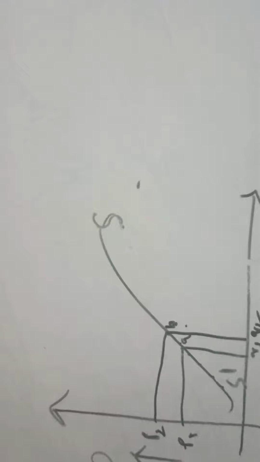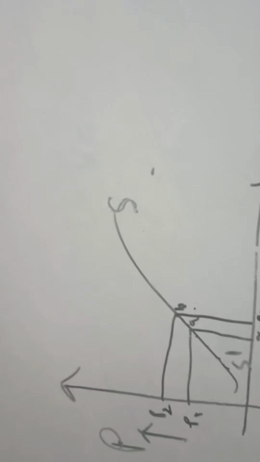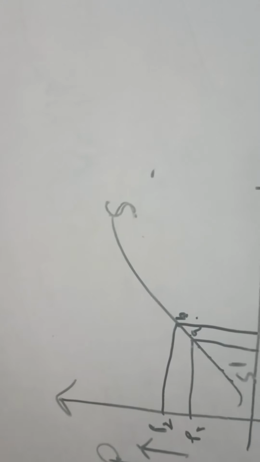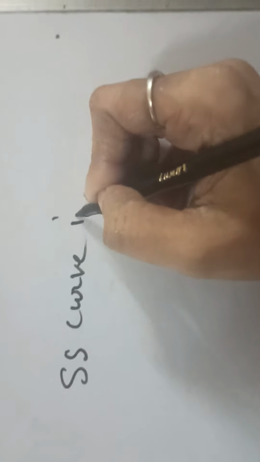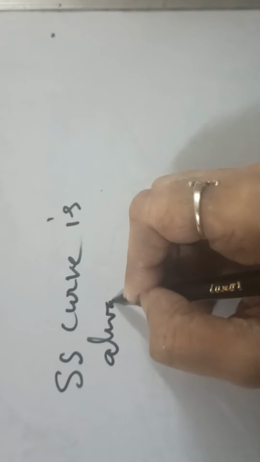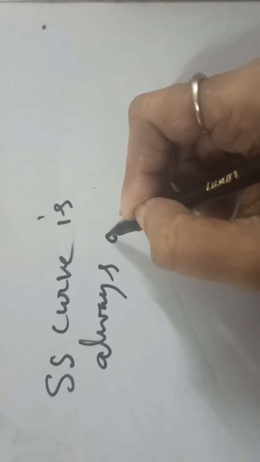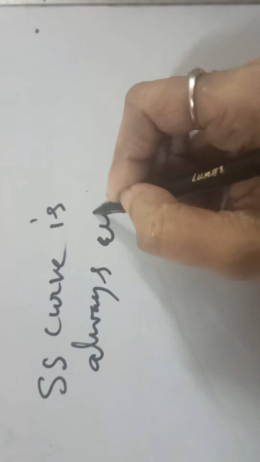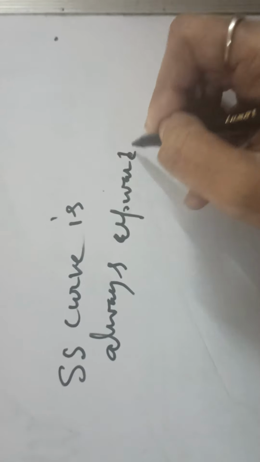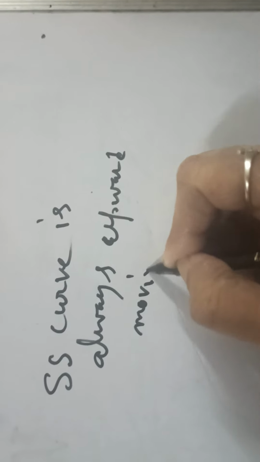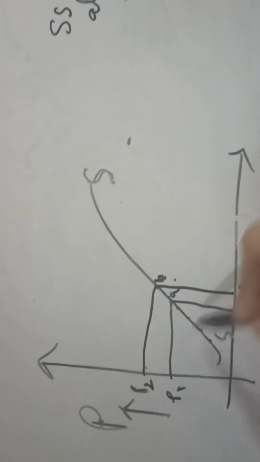So the supply curve is always upward rising. Why? As there is a direct relationship between price and quantity supplied.